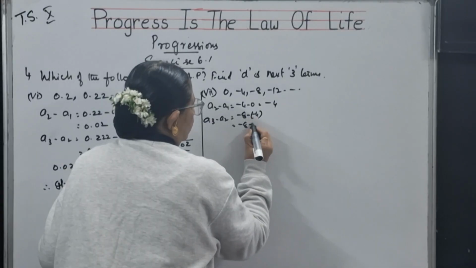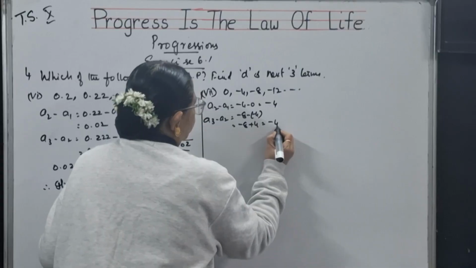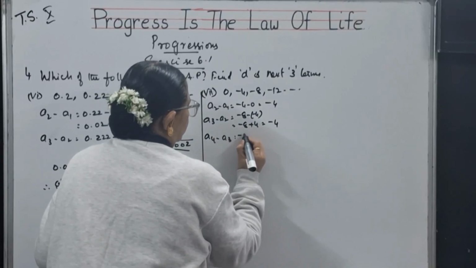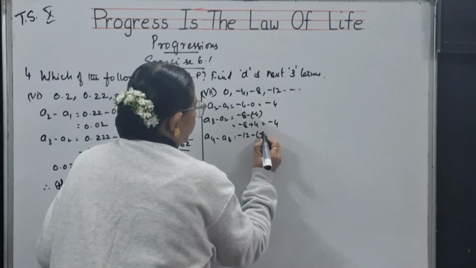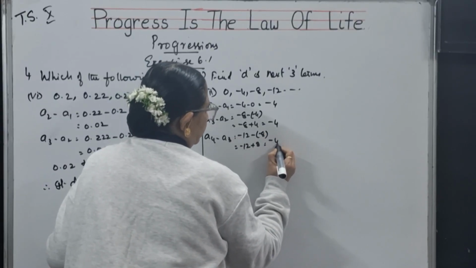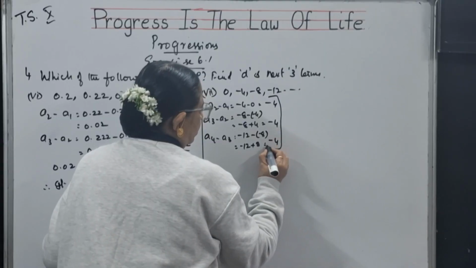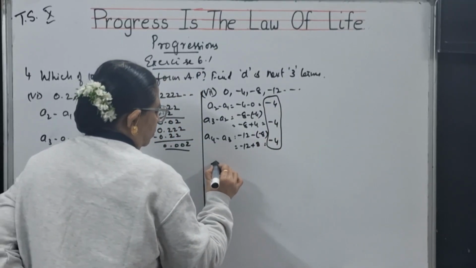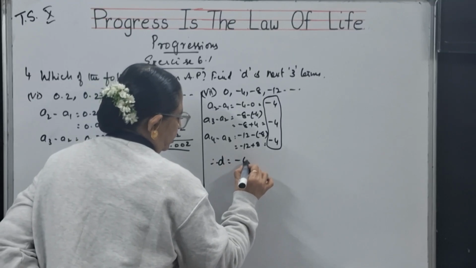That is minus 8 plus 4, minus 4. So A4 minus A3. That is minus 12 minus of minus 8. Minus 12 plus 8 is again minus 4. So you see in all the cases common difference exists. So D is equal to minus 4.